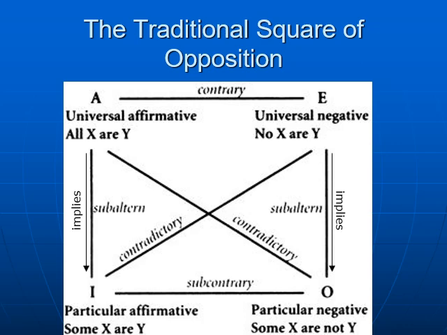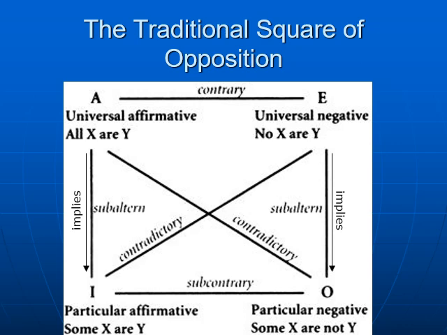A and E statements are contrary to one another because they cannot both be true, although they can both be false. I and O statements are subcontrary because they cannot both be false, but they can both be true. Also notice along the vertical sides, we've got the relationship of subalternation, and we notice that according to the traditional square of opposition, the universal claim implies a particular claim.